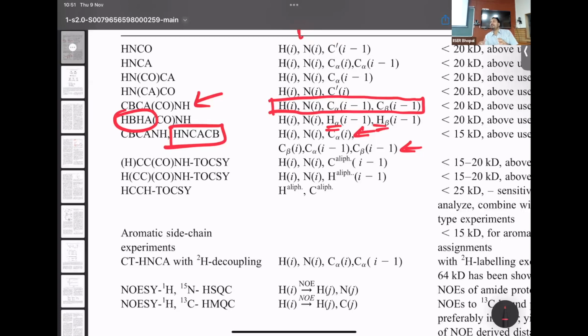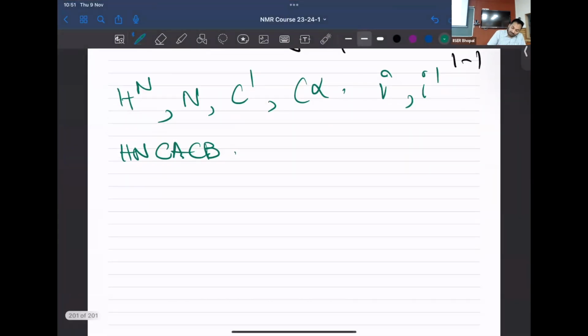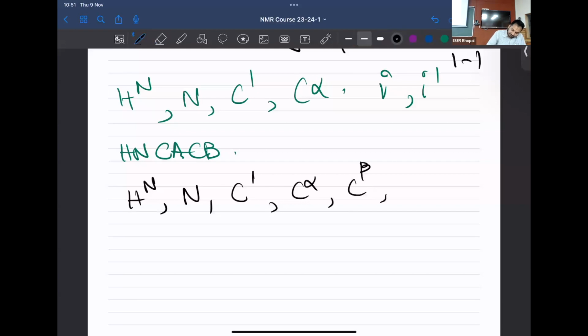Slowly, you can devise experiments by building up on the different INEPT modules to get a lot of different chemical shifts: HN, N, C prime, C alpha, C beta, H alpha, H beta. And if you go to C gamma and so on, it gets to be too much, then you have to have more transfers. So probably people stop right here. Now you have it for different residues going from the HN as your base. It's quite unlikely that all of them will fall on top of each other.